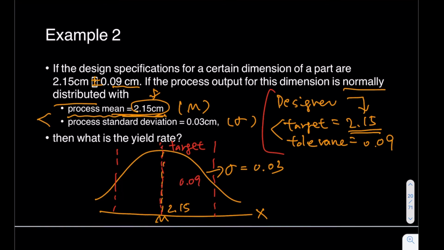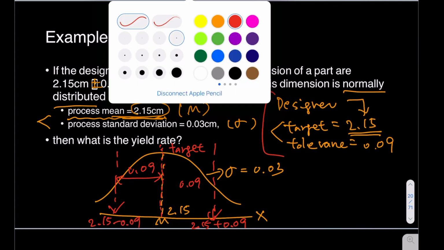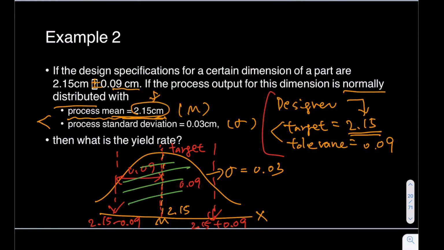So this line is 2.15 plus 0.09, and the other is 2.15 minus 0.09. So what's the yield rate? Yield rate is the area under the curve between the lower specification limit and the upper specification limit.